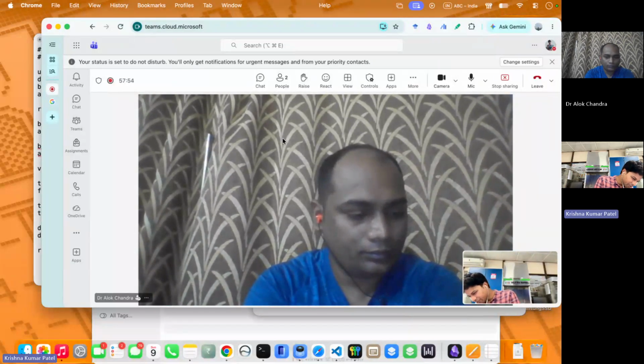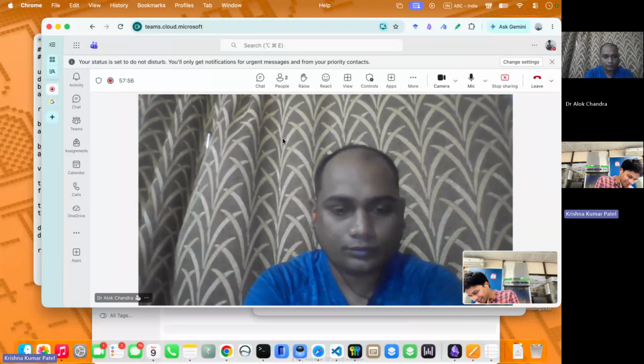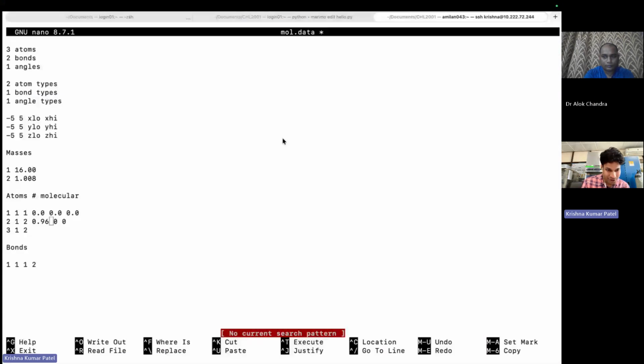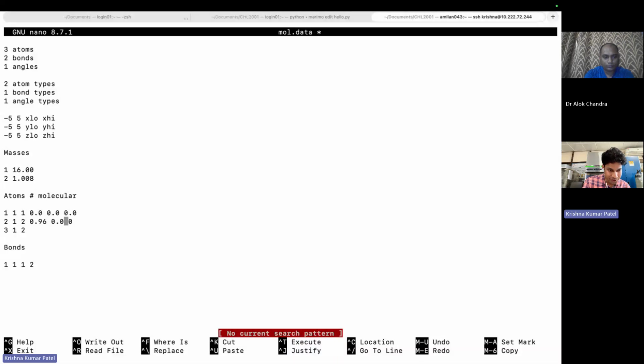I'm not sure exactly what x and y coordinate I should put. I'm just going to put 0.96 and 0.00. So in the x dimension, I'm saying 0.96.